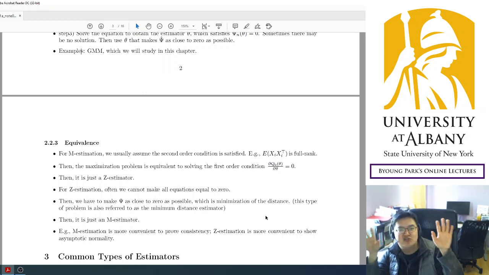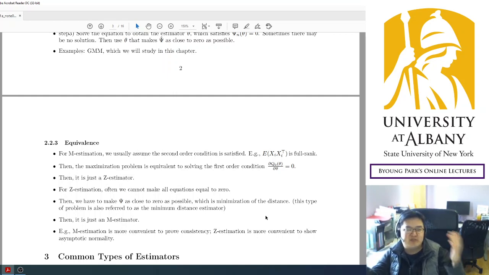You can use either one, and the results in many cases are equivalent. So it is not a big problem. You cannot say one is better than the other. Just one may be more convenient to compute or to derive the properties in analysis.